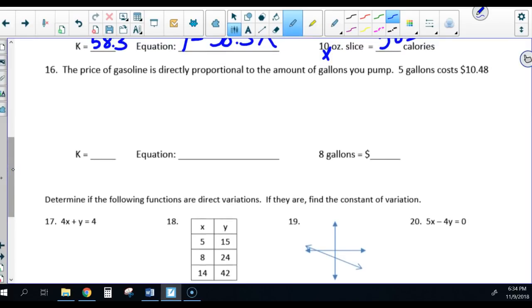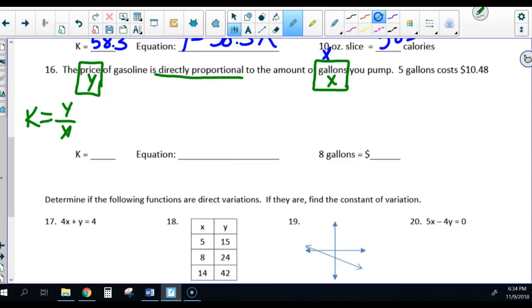16. The price of gasoline, that's my y, is directly proportional. That's the same thing as varies directly to the amount of gallons you pump. There's my x. Y varies directly with x. 5 gallons cost $10.48. So find k. K is y over x.